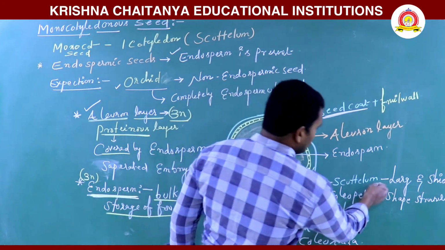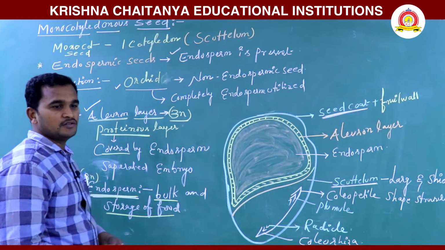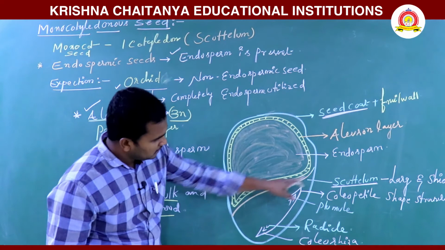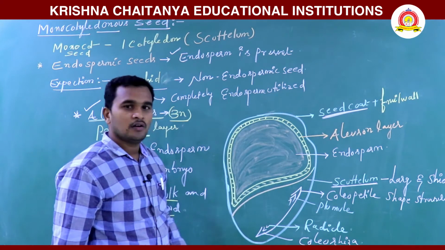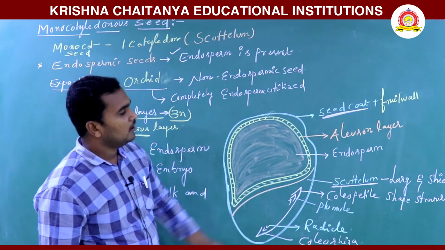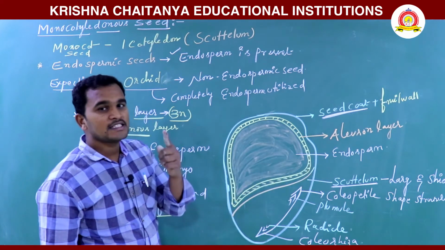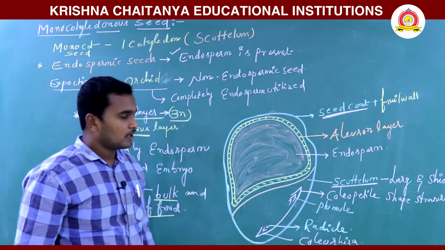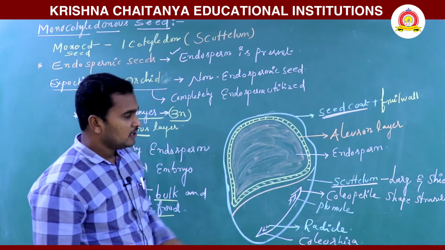It is situated at one end of the embryo. The scutellum is nothing but the cotyledon; this entire part is called a cotyledon, also known as the scutellum.